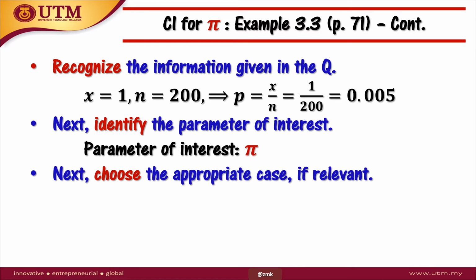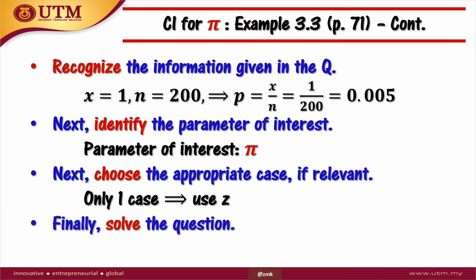As we know we only have one case in constructing the confidence interval for pi, that is, to use Z in the formula. And finally, substituting all the required values accordingly, we can then solve the question.